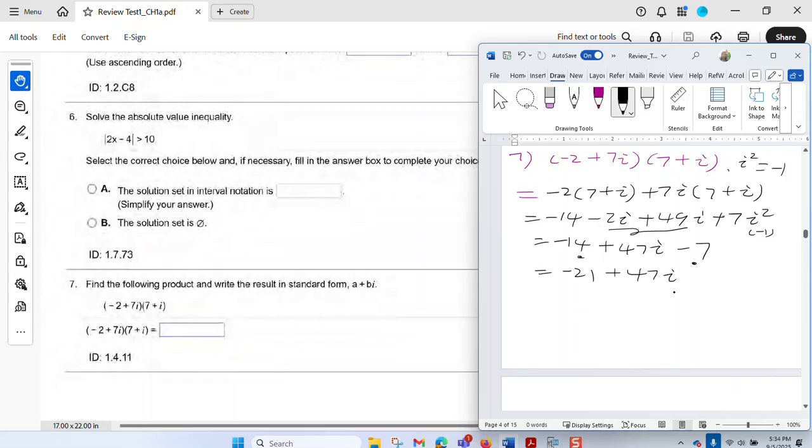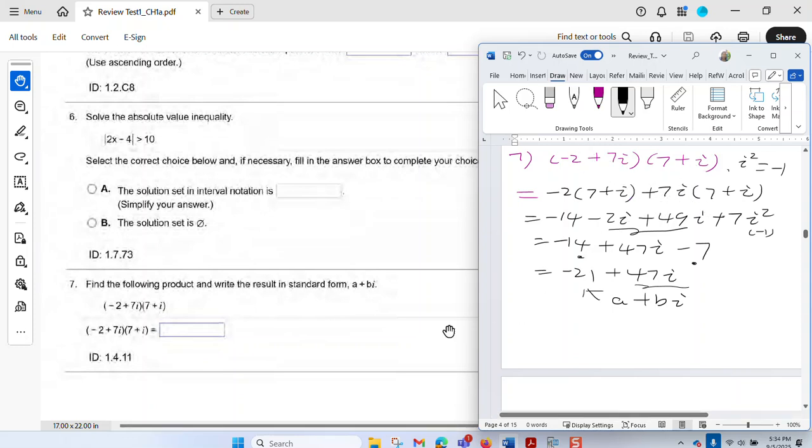Your a here is negative 21, and your b here is 47, so bi is 47i. That's how you do this type of question: multiply, FOIL it in, or just break it down into two parentheses.